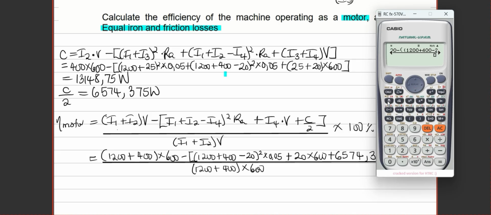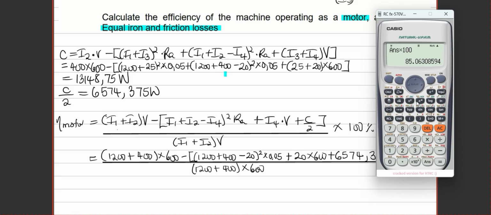Hopefully I didn't do any mistake. We have at the bottom 1200 plus 400 times 600 equals to this times 100, and that's our efficiency.